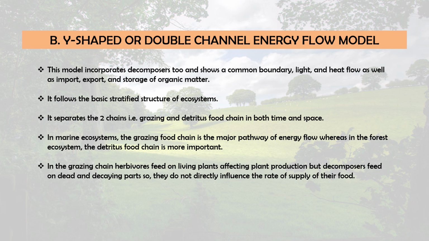In the grazing chain, herbivores feed on living plants and therefore directly affect the plant population, but the decomposers eat the dead or decaying parts of plants, so they do not directly influence the rate of supply of their food.